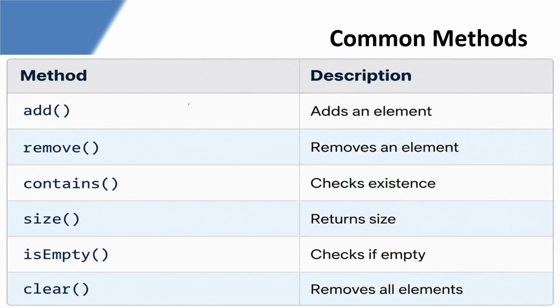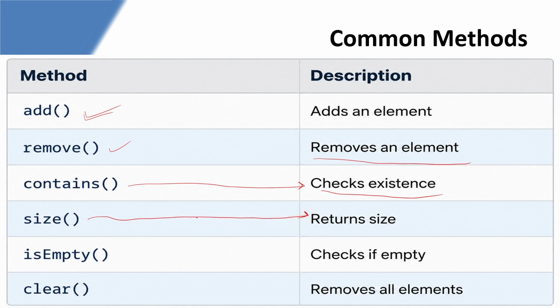We know the hierarchy: iterable, then collections, and collections have the common methods, so in hash set we can use them. The add method is used for adding an element, remove is used for removing an element, contains checks whether an element is available in the particular hash set or not, and size returns the size of the hash set.